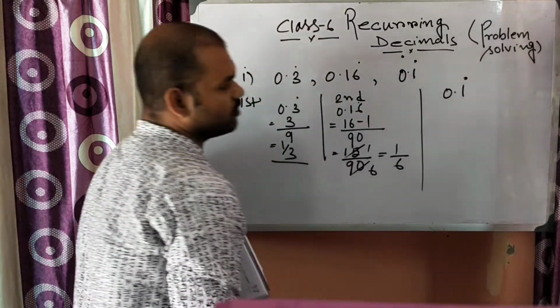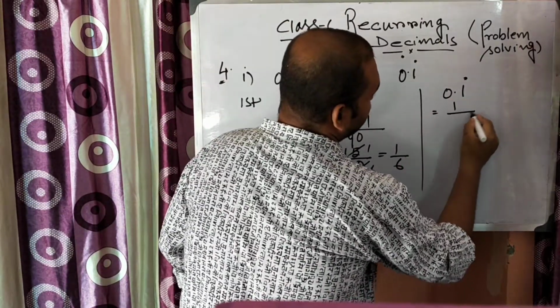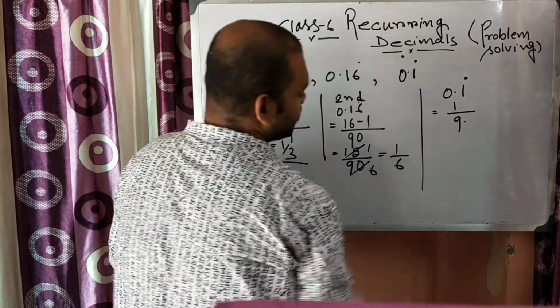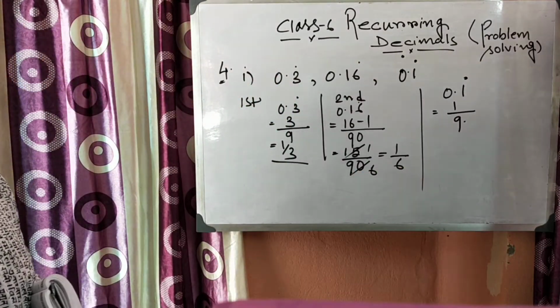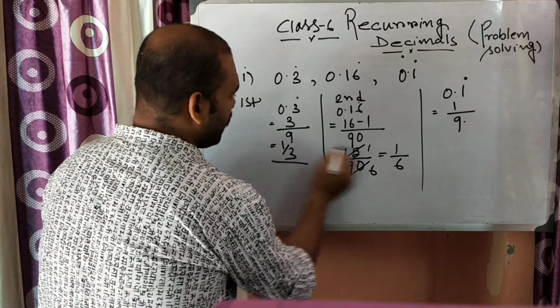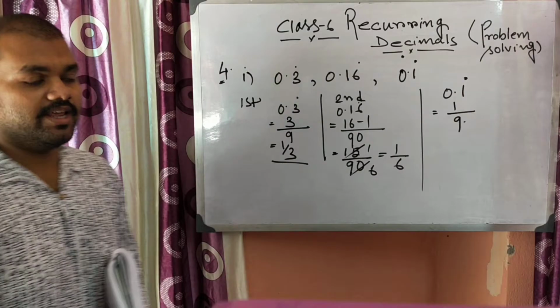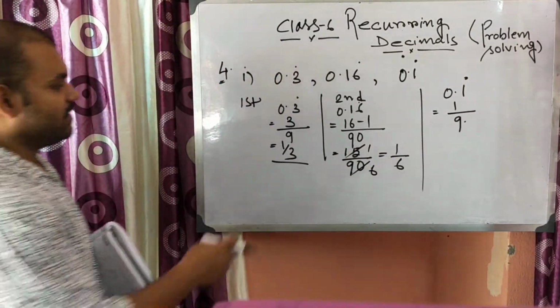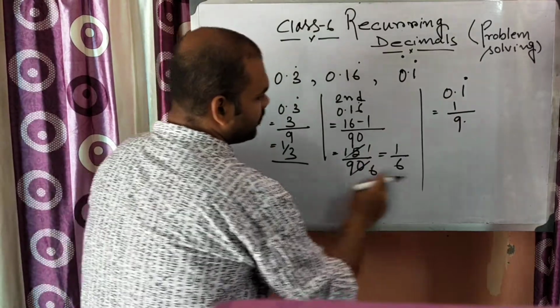Next, 0.1 recurring. What to do? 1 by 9. Now which one is greater? Do we know? Yes, we know, because in every term there is 1 in the numerator, and the numerators are the same but the denominators are different.